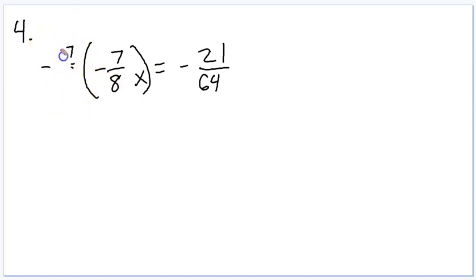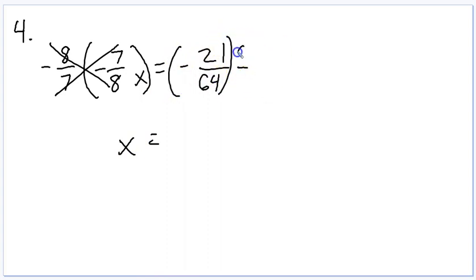Everybody makes mistakes. But you got to make sure you catch it like I did. So you flip it. Okay? Like I said, they cross out, we get x all by itself. All right? Now we're going to multiply this by negative 8 over 7 also. Remember parentheses so you don't think it's minus 8 over 7.